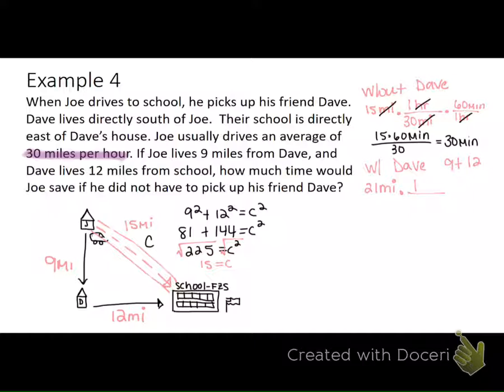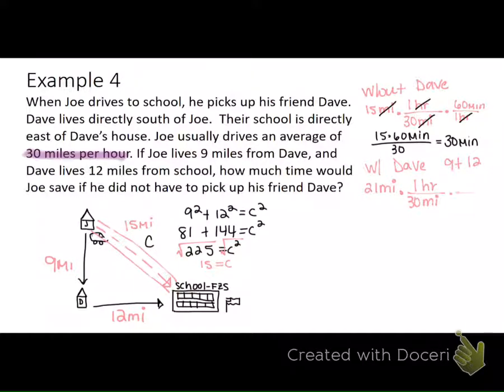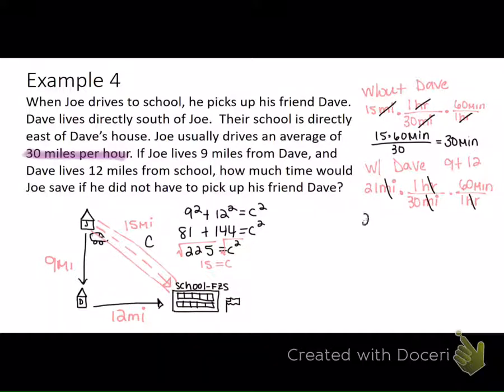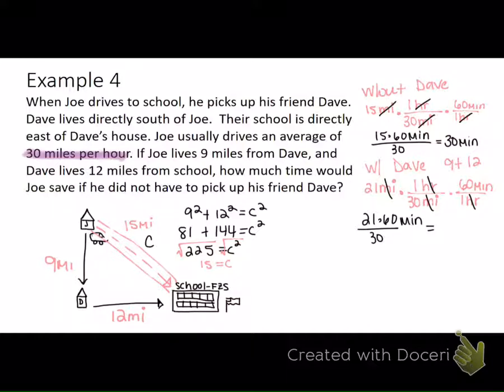So for every 1 hour, he goes 30 miles. And we want our answer to be in minutes, and there's 60 minutes in an hour. So how many minutes does it take him when he has to go pick up his friend Dave or Dylan?